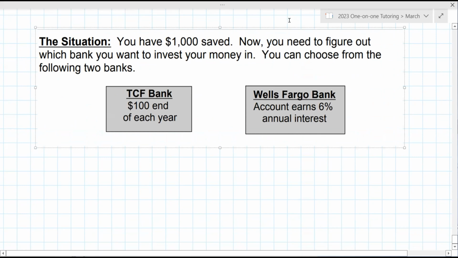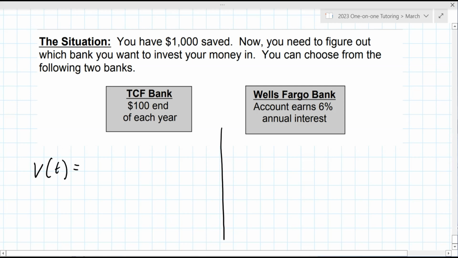There's bank one on the left. They'll give you $100 at the end of each year. And the one on the right will give you 6% annual interest. I'd like you to give me the equation for the one on the left, the value as a function of time. What would that be for this one?